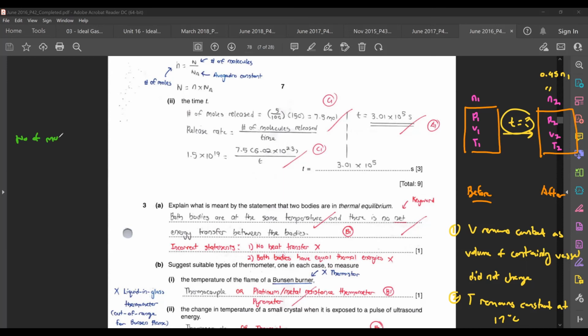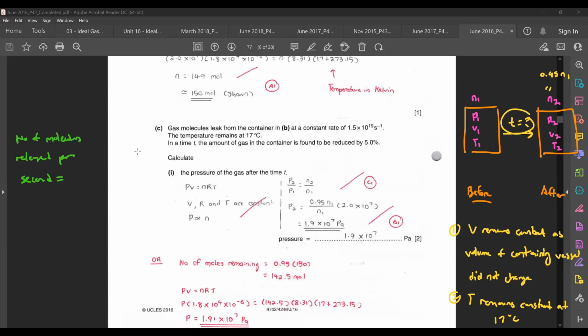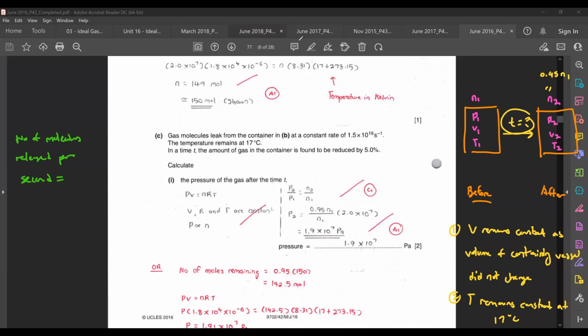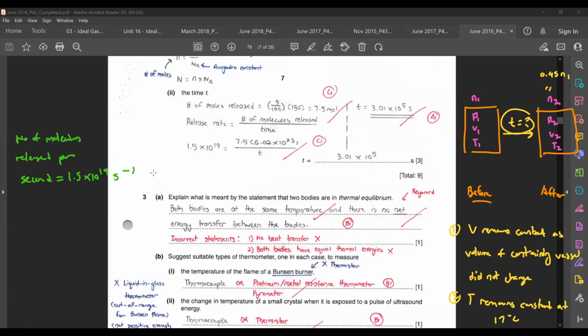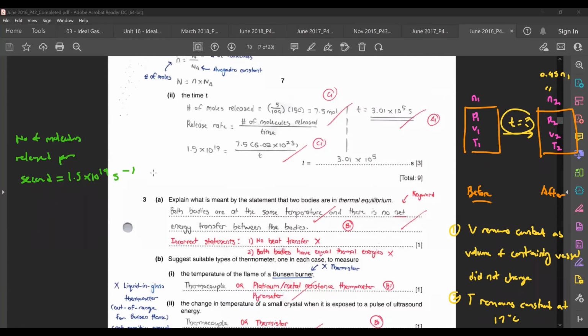The number of molecules released per second is 1.5 times 10 power 19 per second. So what you want to do is find out the total number of molecules released.